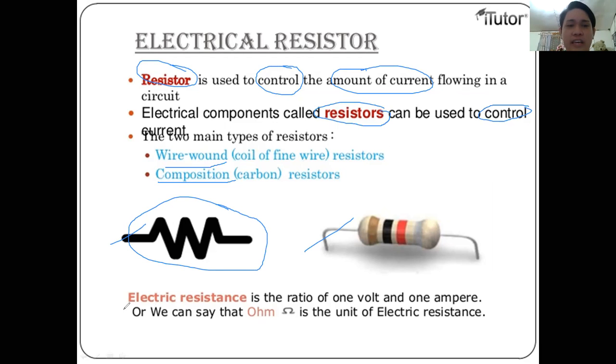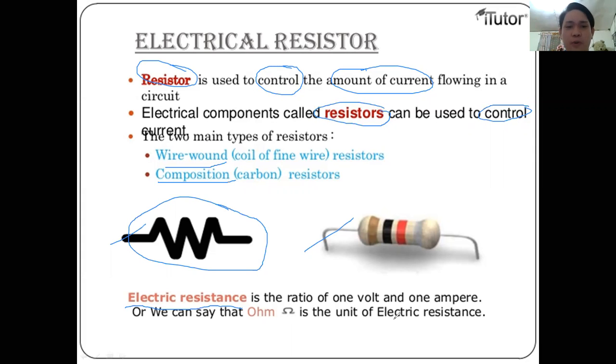Then we can describe electrical resistance as the ratio of 1 volt to 1 ampere. So electrical resistance is equal to volt over ampere.